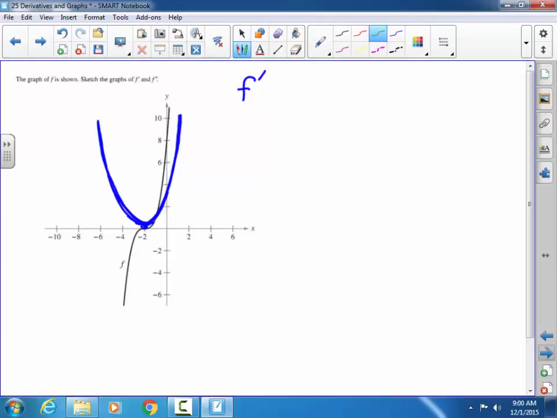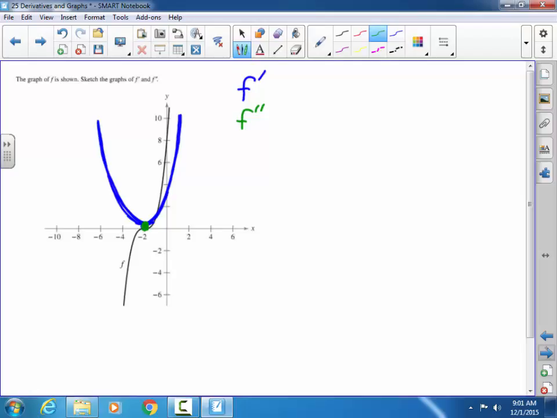All right, then what about our second derivative? Again, I'd start off the same place. Where's the second derivative equal to 0? The same place here, right? Negative 2. All right, now remember the second derivative is the first derivative of the first derivative.